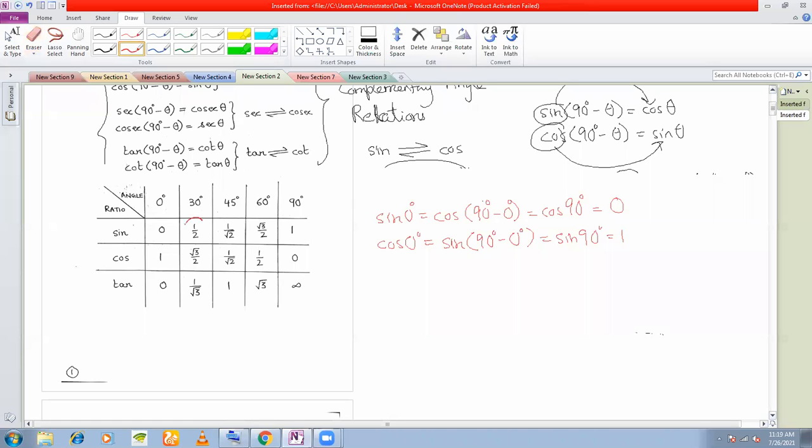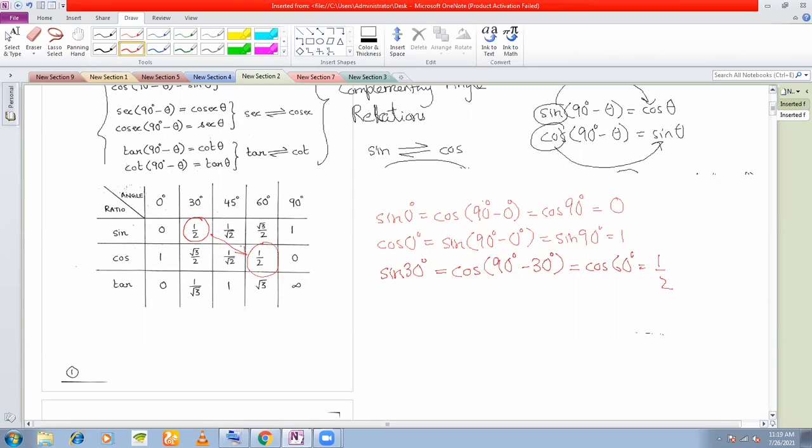Next one. Look at sine 30. Sine 30 and cos 60 are same. Why? Sine 30 is equal to cos 90 minus 30 degree, isn't it? Which is equal to cos 60, which is equal to half. Remember this. Sine 30 and cos 60 both are equal to half.